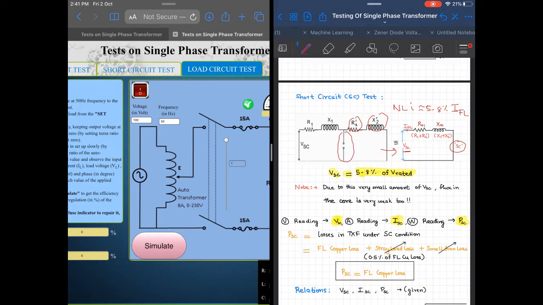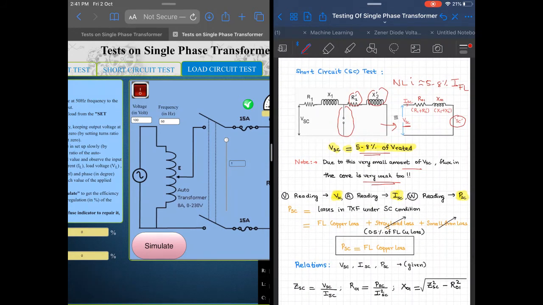Generally VSC is very less. It is 5 to 8% of the rated voltage. Because of the small amount of VSC, the flux in the core is very weak and we can neglect the core loss component.